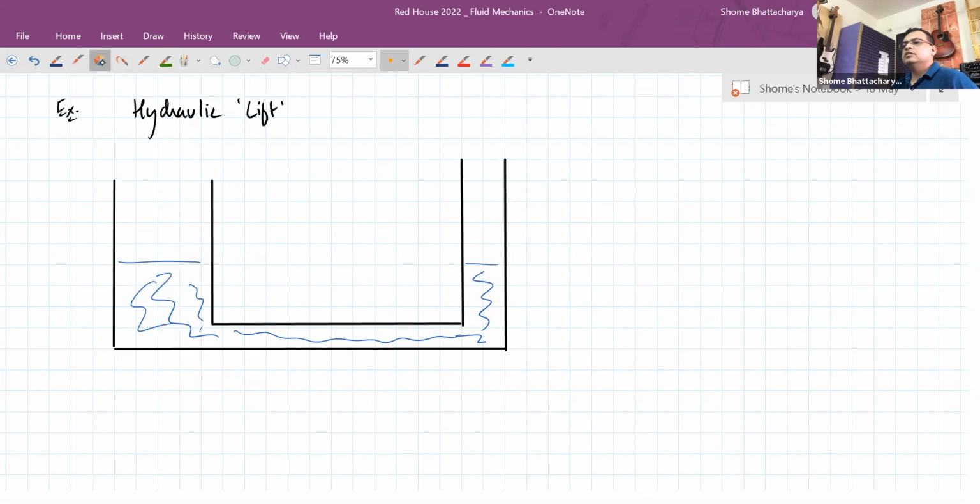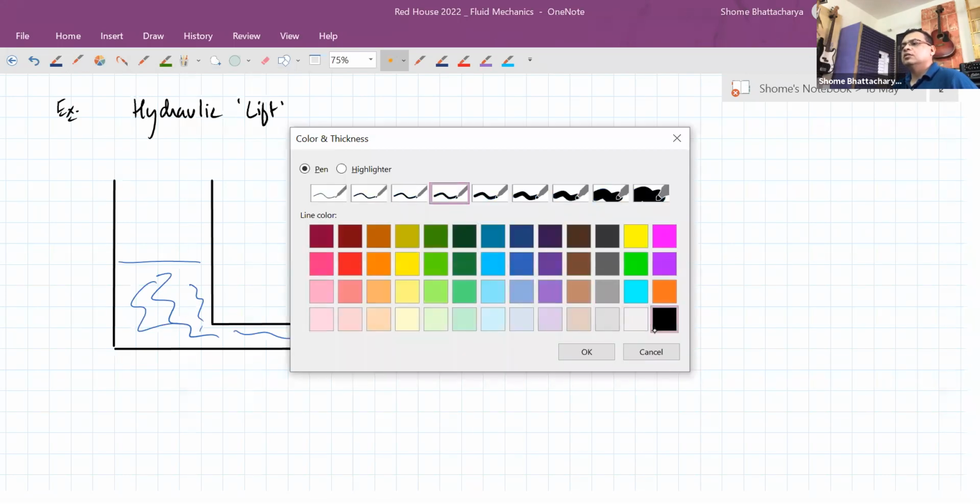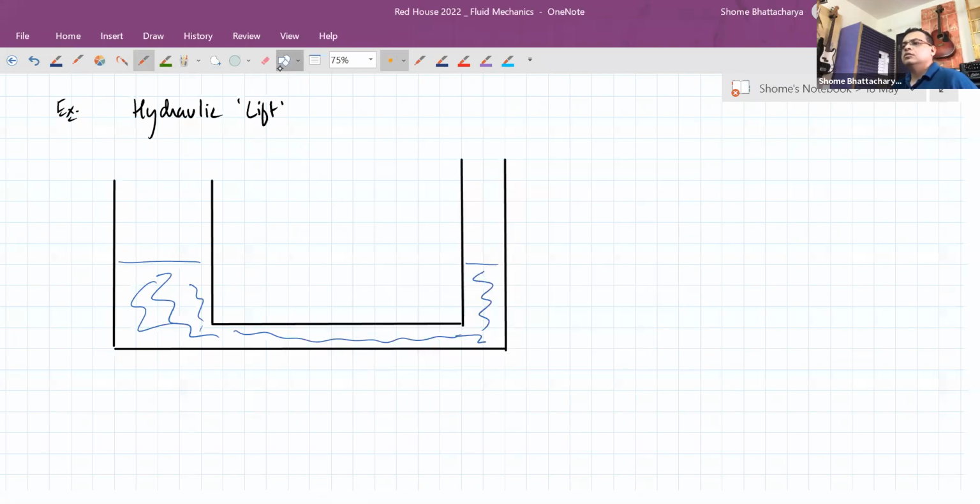Now let's also say that there are two pistons which are floating on the liquid here and here. And these are movable free pistons. They're also lightweight.